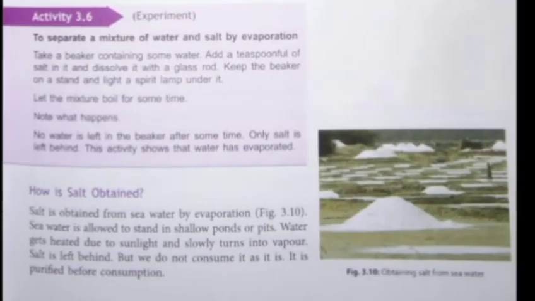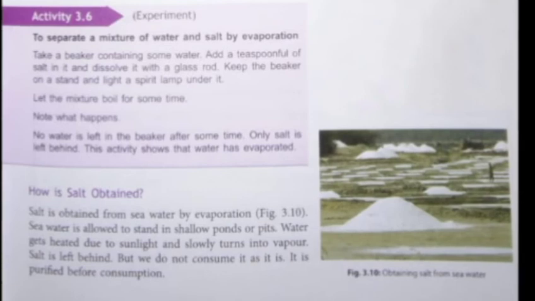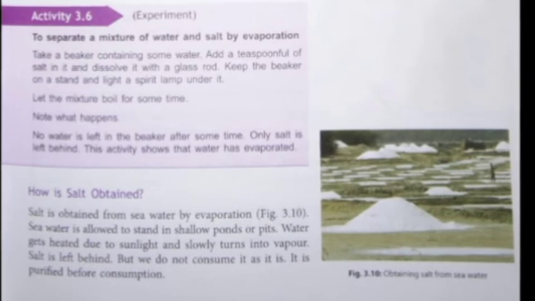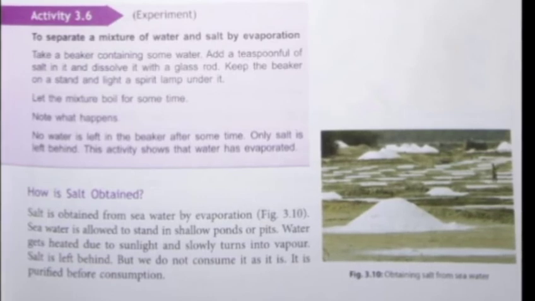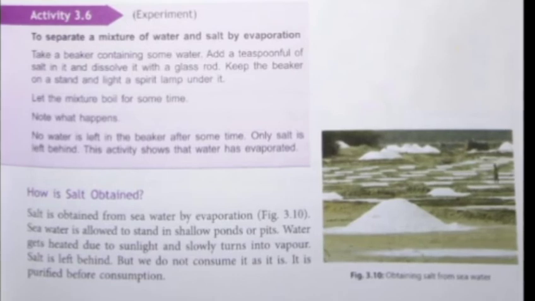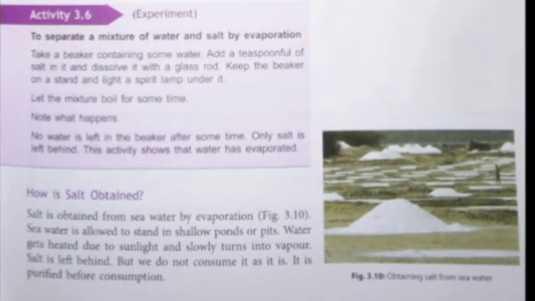It is quite an interesting fact that evaporation is the method which is used to obtain salt. How is the salt obtained? It is actually obtained by the method of evaporation. Seawater contains a huge amount of salt dissolved in it. So how can we get salt from the seawater?